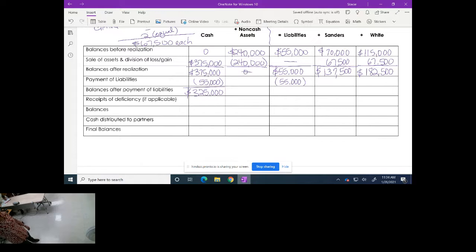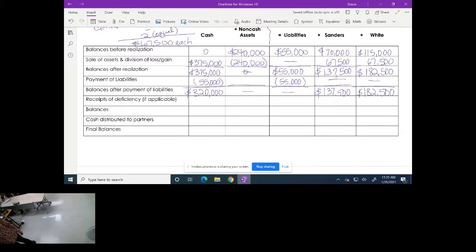So that leaves us with 320 in cash. Sorry, 320. I haven't seen if y'all are awake. Nothing in non-cash. We sold them already. Now we've got nothing in liabilities. Well, this transaction affected liabilities and cash. So we're not doing anything here with capital. We're just going to bring the balance down.